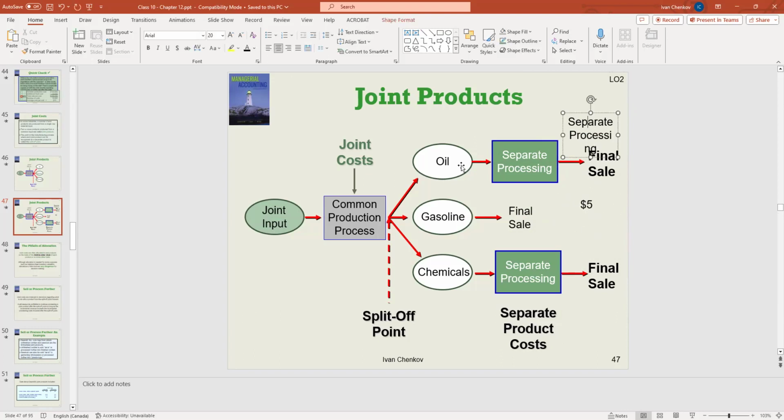The other option is to process it as oil. If I process it as oil, I can sell it for $15 per liter. However, it's going to cost me, let's say, $12 per liter. My revenue will be $15, and my variable cost to process will be $12. Should I continue and process it as oil?